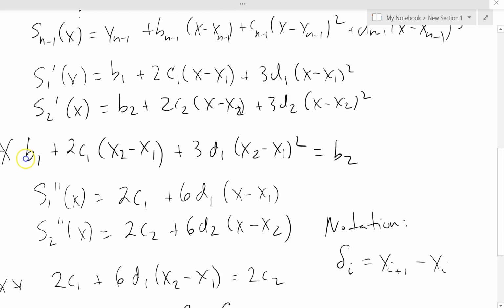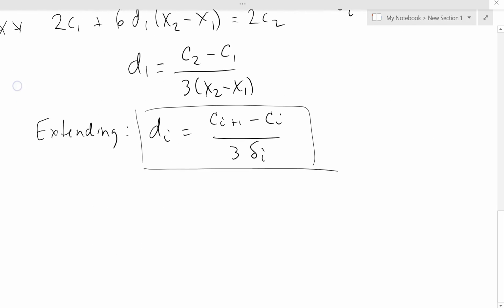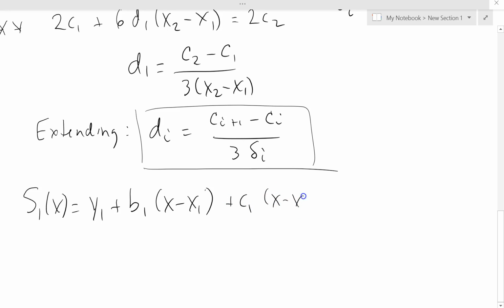So, all right, remember that I'm going to do it with the 1s, and then I'll go back to the i's. Our S1 of x is y1 plus b1 times (x minus x1), plus c1 times (x minus x1) squared, and then d1 times (x minus x1) cubed.